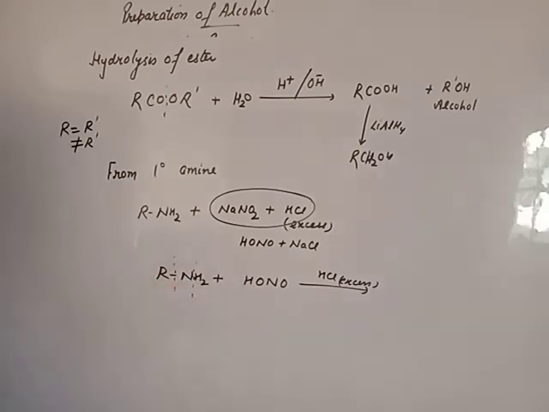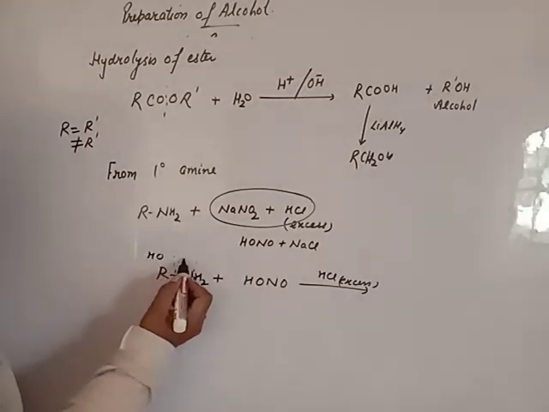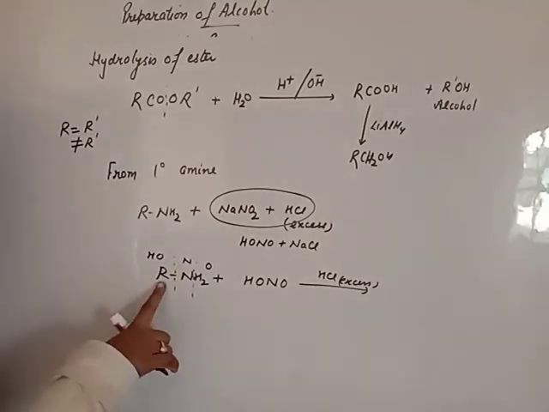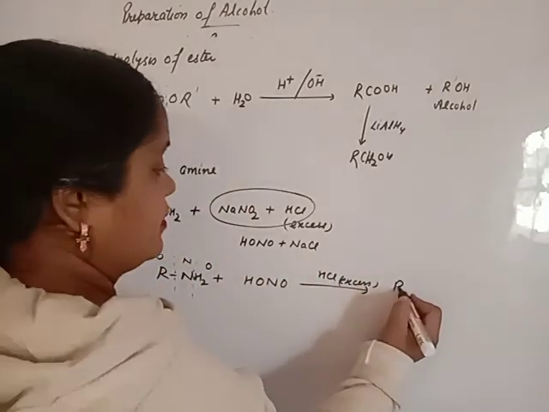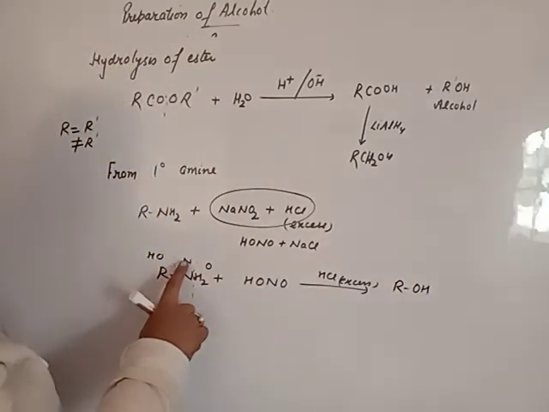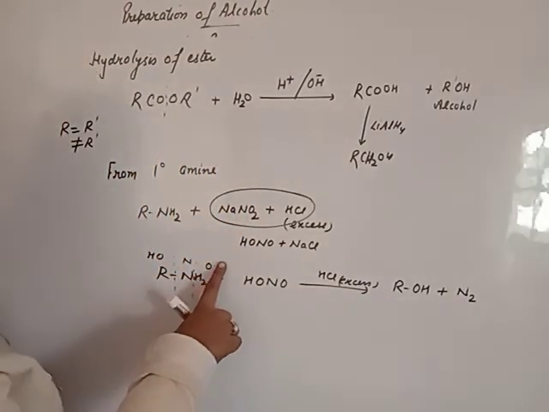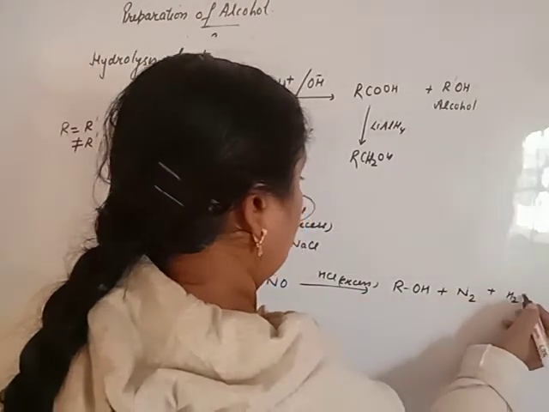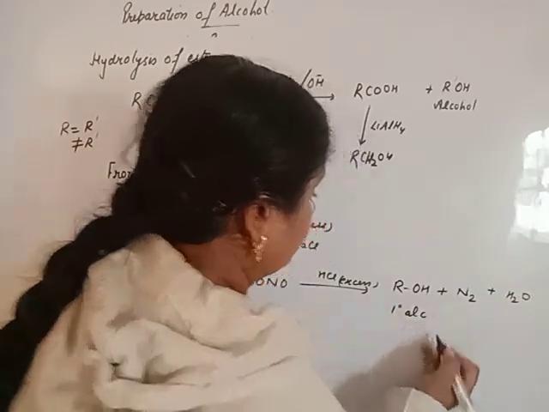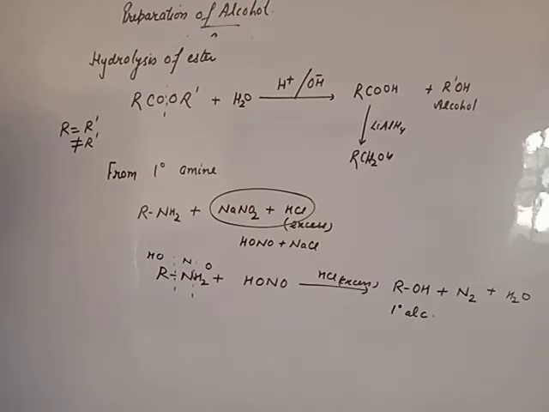This amine molecule will break in such a way: R combines with OH, nitrogen combines with nitrogen to release nitrogen gas, and hydrogen combines with oxygen to give water. We will get primary alcohol. Only primary amine gives this test, not secondary and tertiary. These all methods are used for the preparation of alcohol.